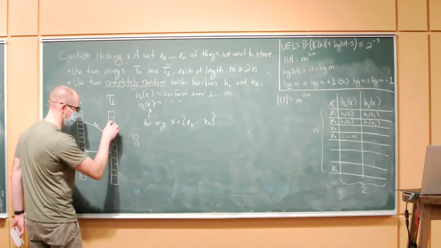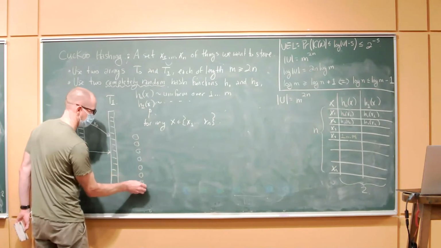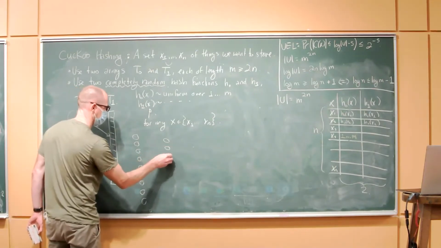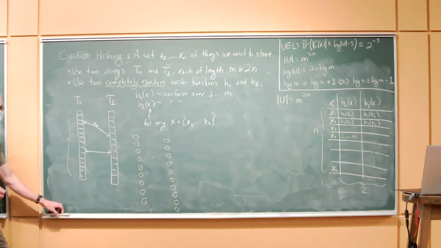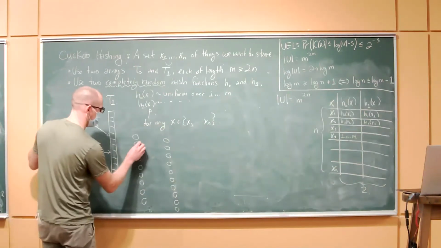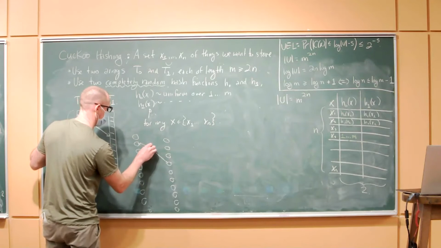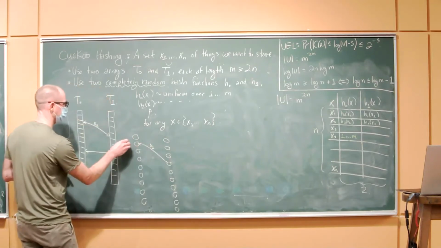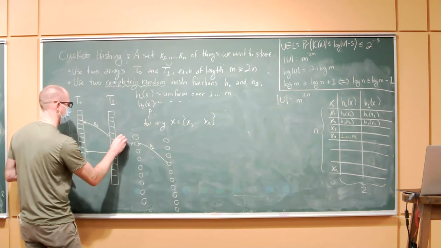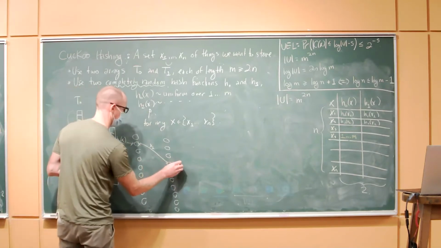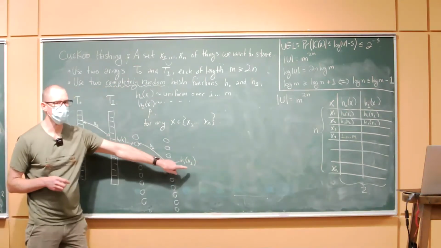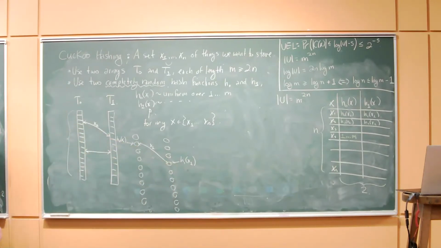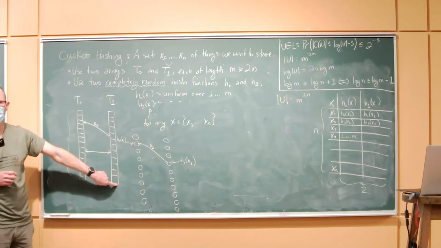I'll stop drawing it with boxes like this, and mostly I'll draw it the way we normally draw graphs, with nodes where you have an edge called x1 that joins h0 of x1 and h1 of x1, h0 of x1 on the left side, h1 of x1 on the right side. Okay. So h0 is an index into table 0, h1 is an index into table 1.